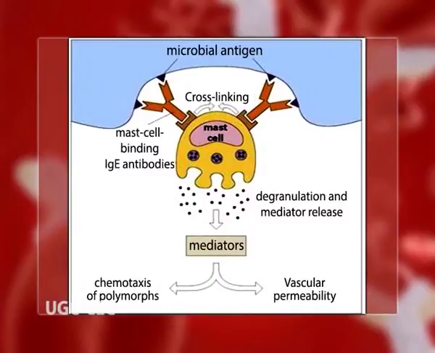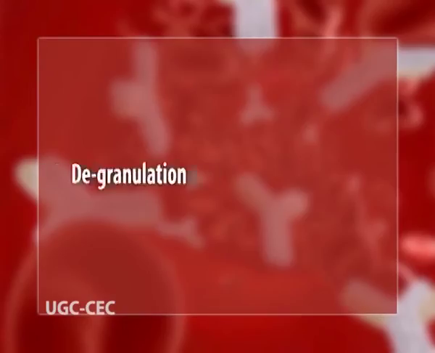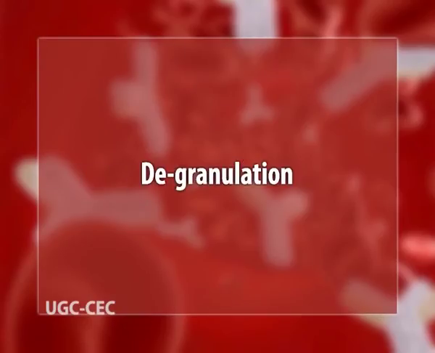IgE binds to Fc receptors on the membranes of blood basophils and tissue mast cells. Cross-linkage of receptor-bound IgE molecules by the antigen or allergen induces basophils and mast cells to translocate their granules to the plasma membrane and release their contents to the extracellular environment, a process known as degranulation.